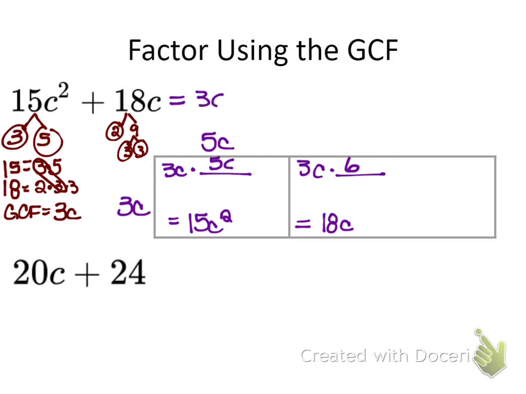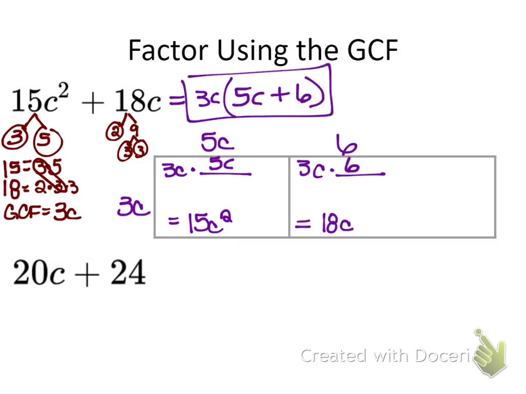Then what? 5c. Or would it be 6? What do I write after the 3c? Parentheses for multiplication. Then what? 5c plus 6. And close. There you go. So you basically just factor that binomial.